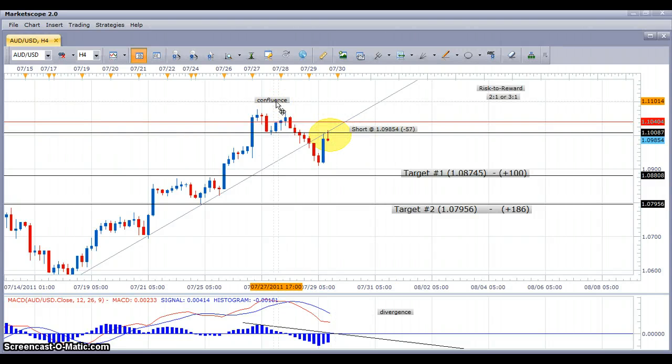The reason why I wrote confluence here is because we've got two lines pointing to the same thing, giving us the same signal, and they're both occurring in the same location on the chart. Confluence is anytime you've got more than one signal, let's say anywhere from 2 to 5 signals, occurring in the same location on the chart, and they're all pointing in the same direction or to the same sentiment that you may have as a trader.